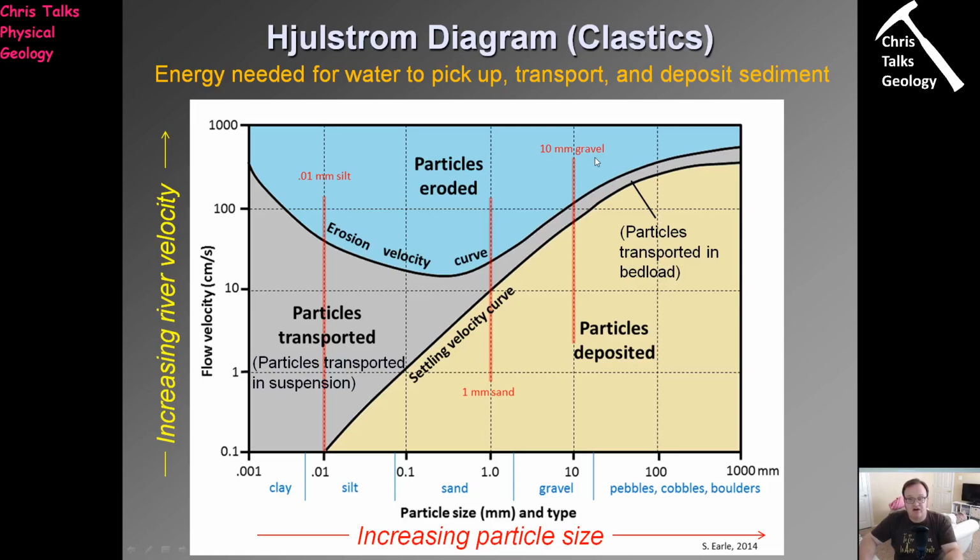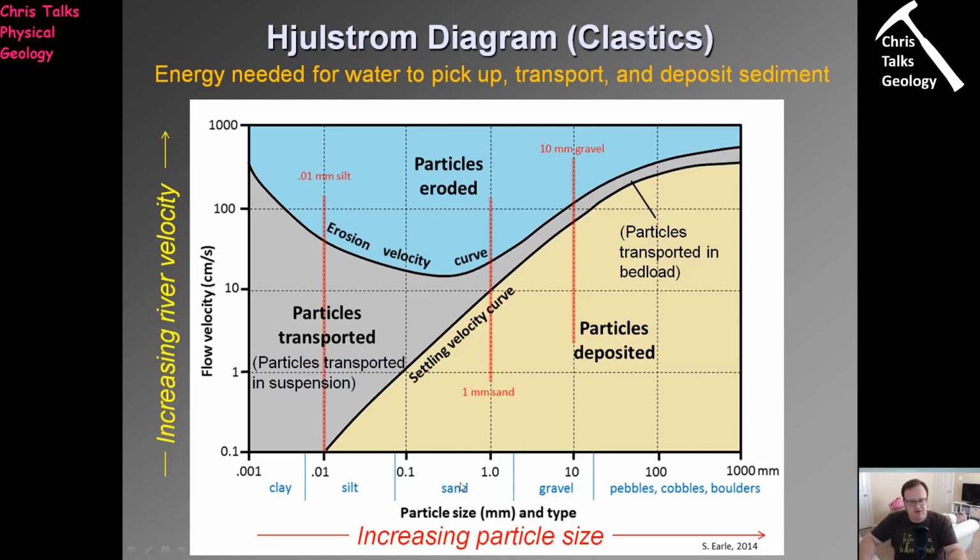So this diagram essentially is giving us a view into the kinds of velocities required to erode a particle, so pick it up, to transport a particle, just to either move it along by pushing or by pulling, and to deposit the particle, dropping it.